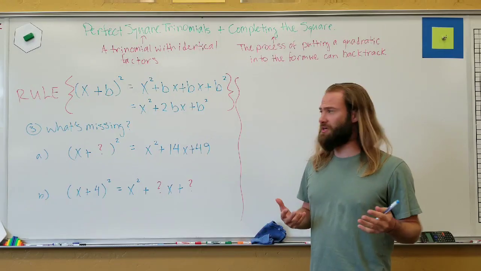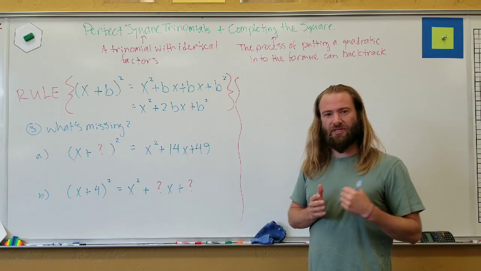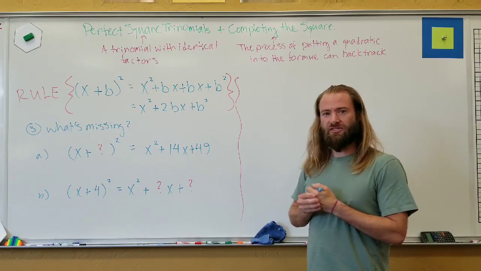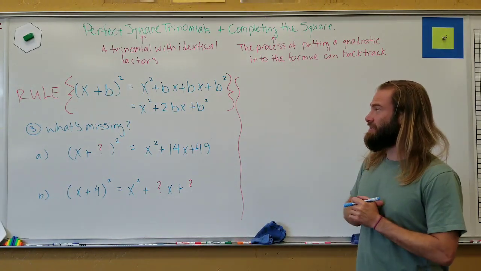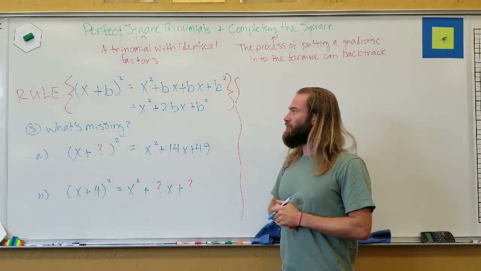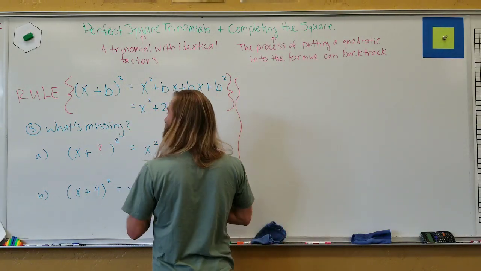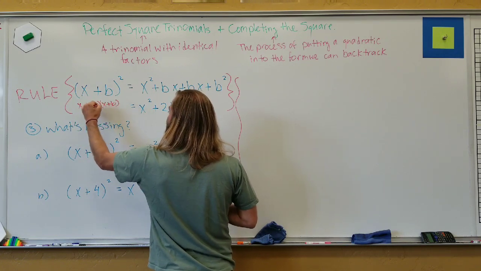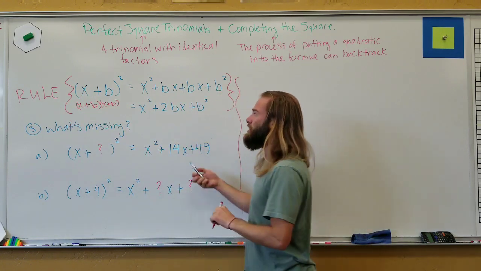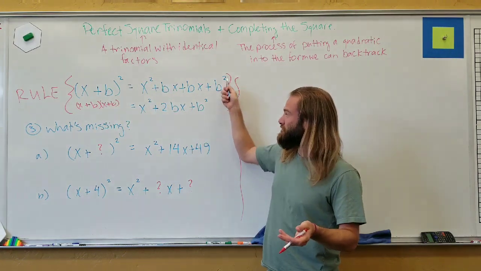An important rule here, and really this rule is just like a side note to our factoring rule that we talked about before, our sum and product pattern from our last lesson, but it still is an important rule. So if I'm doing the perfect square of something, remember x plus b all squared means x plus b times x plus b, right? And if you expand that all out, you're going to get x squared plus bx plus another bx plus b squared.